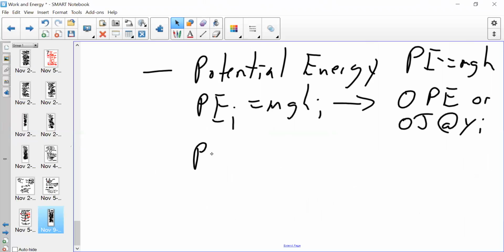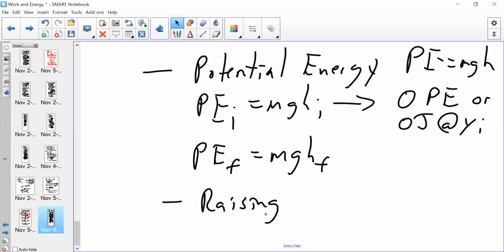Now the potential energy at B, or the final point, is going to be non-zero. So when we raise an object into the air, we have increased the potential energy of that system. Got it? You raise objects up, you increase, because final is greater than the initial. So it's an increase, positive. I raise the object in the air.